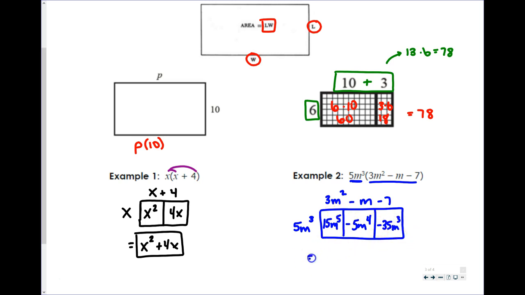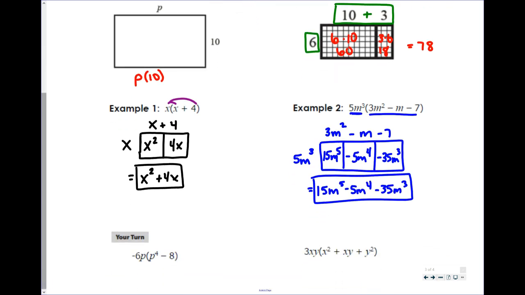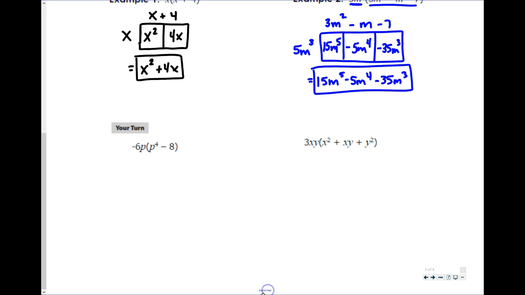I can see none of these are alike, so I'll just rewrite it in standard form, and that's my final answer. So it's just one way to help organize your work, really. It's one way that I think is a great way to limit mistakes.